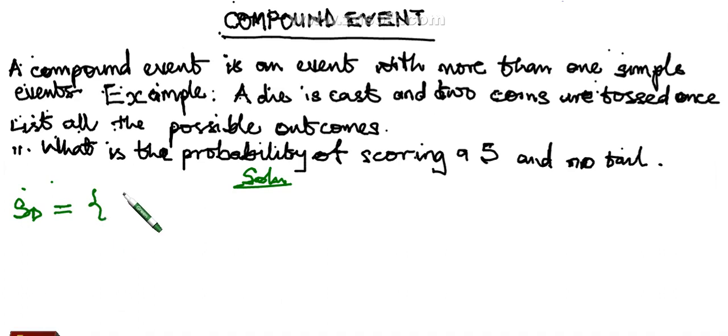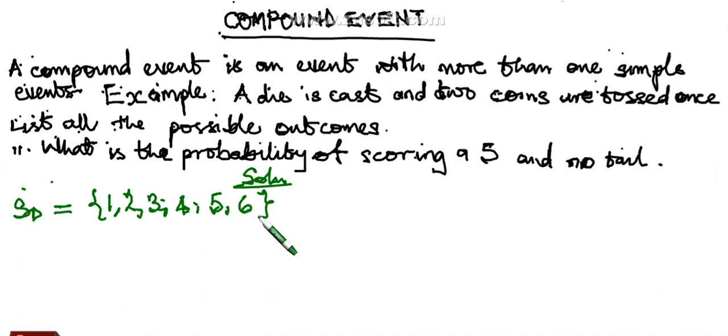So it means I'm going to have 1, 2, 3, 4, 5, and 6.